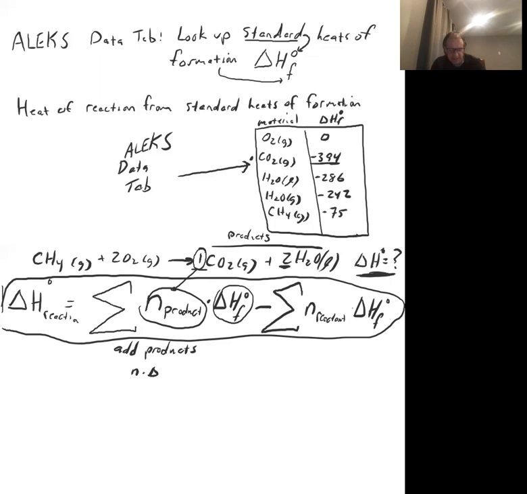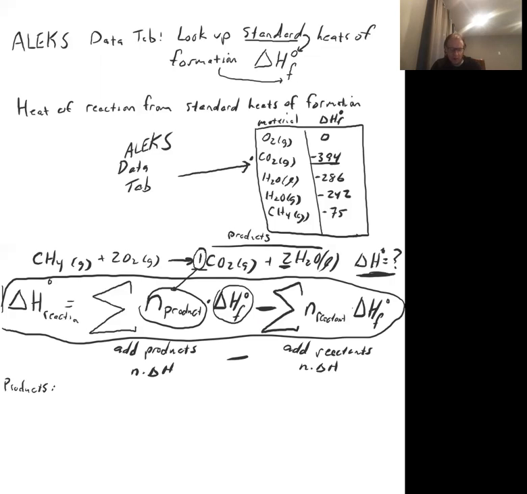N times delta H for all the products. You add them up. Then you do the same thing for the reactants. You add up N times delta H for the reactants. And then you subtract the difference. So you take products minus reactants. Okay? So let me show you how we go about this one. We're going to do the products. I'll do the products first and then the reactants and then take the difference.